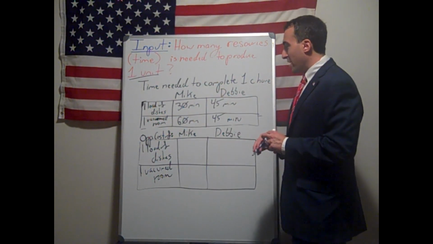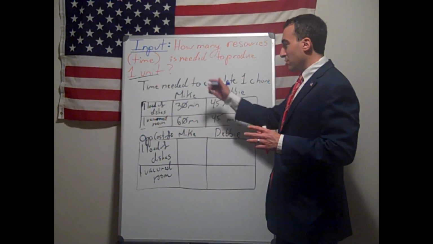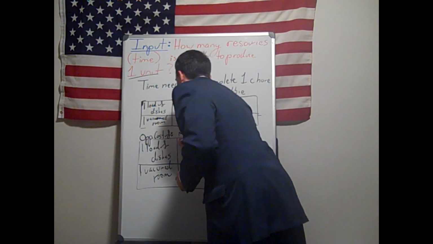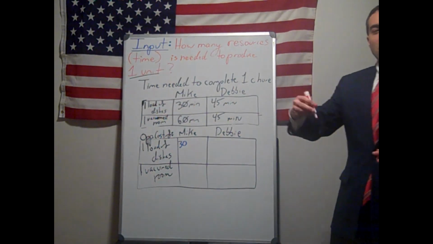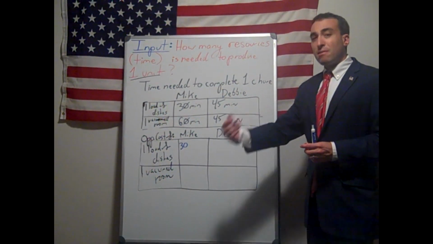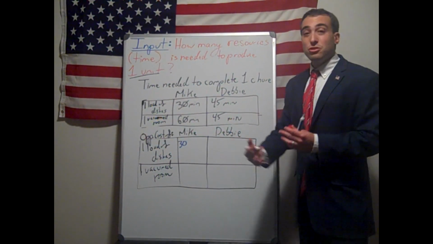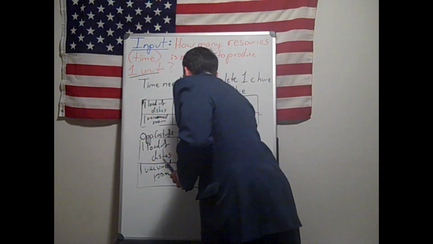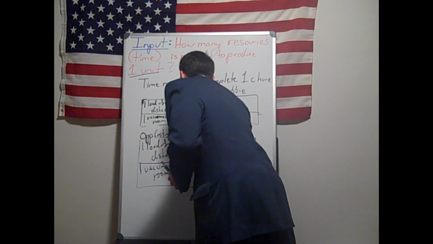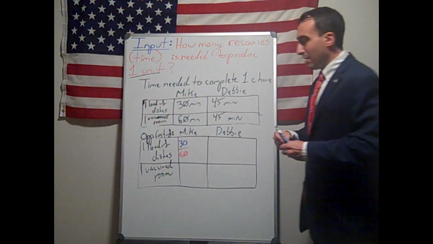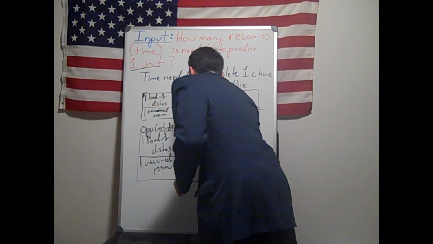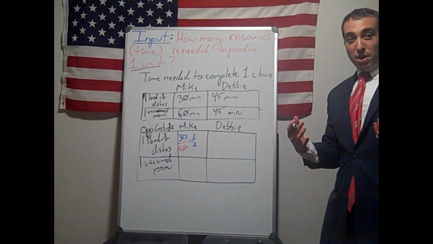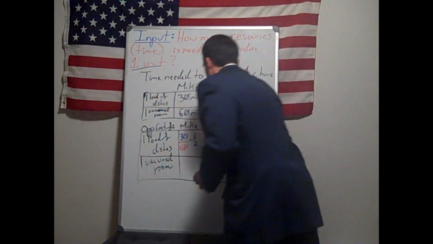So for Mike, he is choosing to wash a load of dishes, 30. By choosing to wash the dishes, he is sacrificing, he is not doing the vacuuming, divided by 60 equals 1/2. 1/2 what? 1/2 a load of dishes.